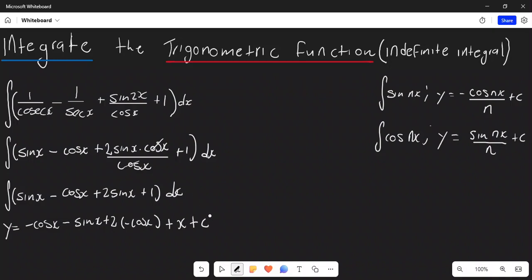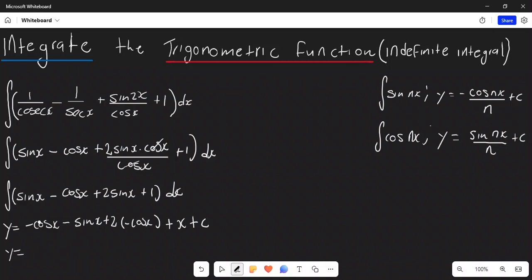As you can see, the c, the constant, we'll write at the end. Please don't integrate one term then write plus c. No, you don't do that, guys. You integrate all of them separately, but then all of them are going to be added by c at the end. So from here we just simplify.